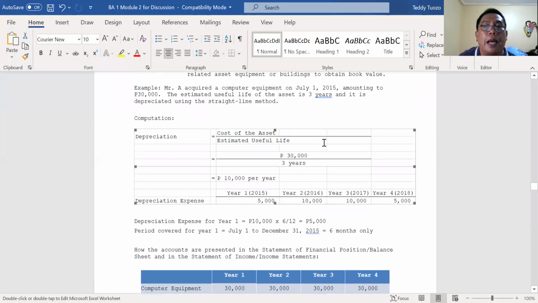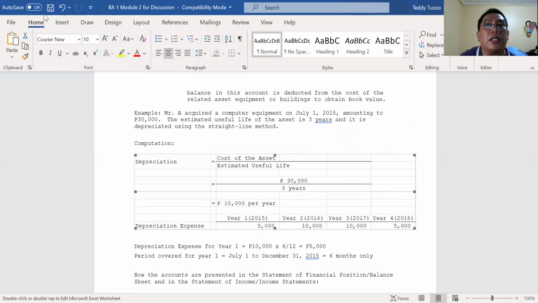Okay, to make it understandable, let me rephrase. Remember the computer equipment was acquired on July 1, 2015. So that is 6 months, from July 1 to December 31. Then year 2, of course, is the entire year of 2016, from January to December. Year 3, again, January to December.